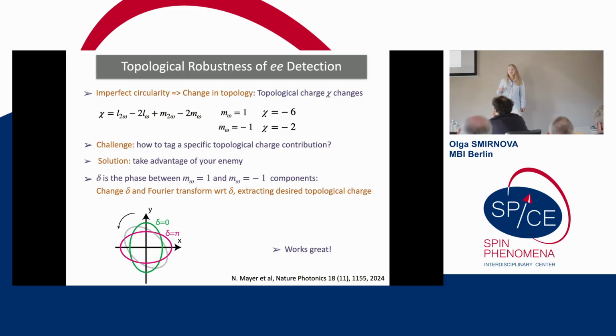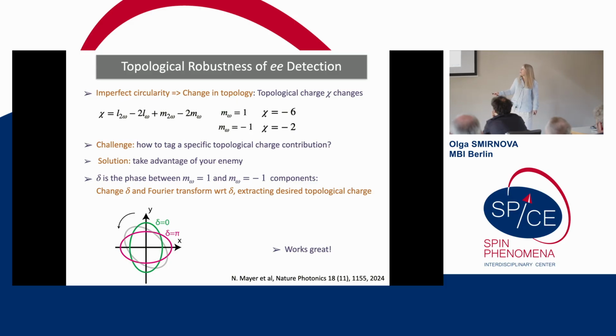So we decided that it would probably be useful to come up with a method in which you would be able to address these topological charges in a different way. What you can do in the experiment is change the phase between the two counter-rotating components.